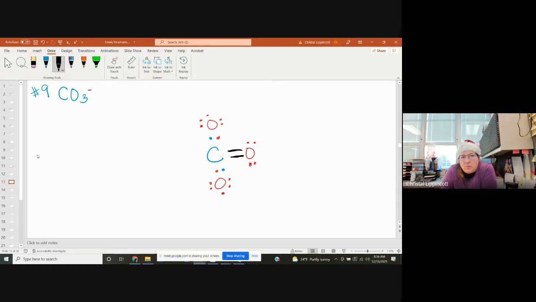If I put one here and I put one here, that's going to give me my full octet. So now this has 2, 4, 6, 8. This has 2, 4, 6, 8. This has 2, 4, 6, 8. And so does this one. Now there's one more thing that I need to do to this drawing to make it right. What do I need to do? Yep. I need to put those square brackets in and put my -2 charge here.